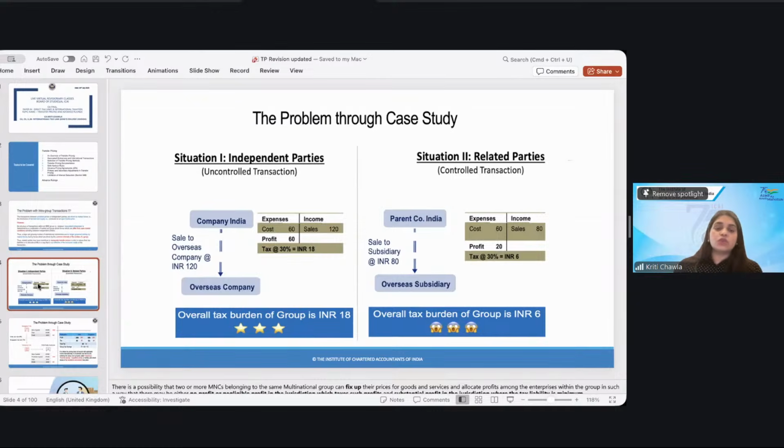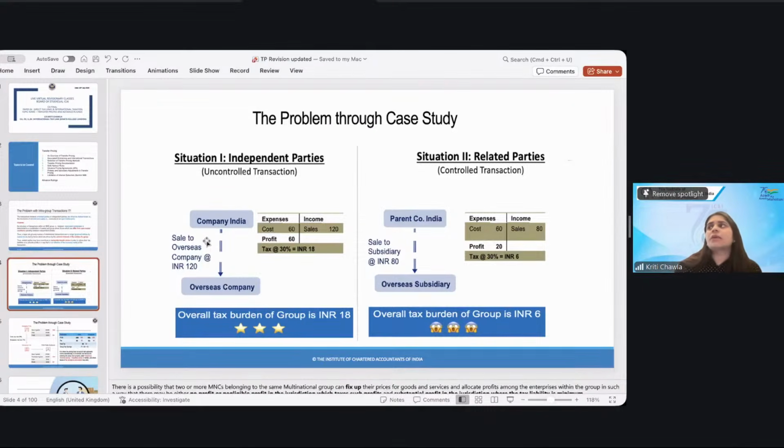Now let's look at situation one on the left side of the screen. Situation one talks about a transaction between independent parties. Let's look at this transaction where we have a company in India, a manufacturer in India.